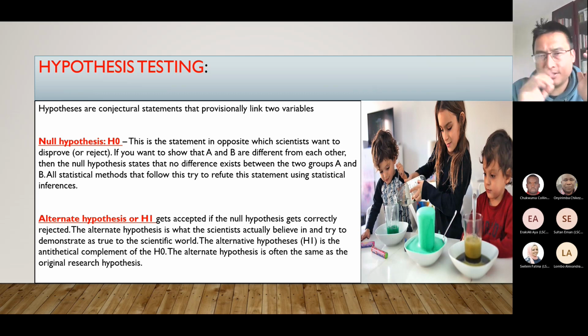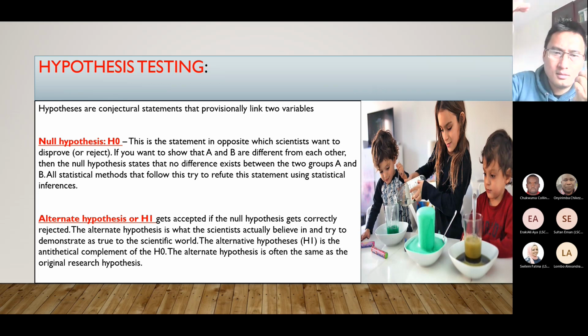Okay, so let us take this in a very simple way. We want to find out if A and B are different. That can also be known as an alternative hypothesis, or the thing that we want to prove. In order to establish this statement, we cannot do this straightforward. So what we do is we try to create the opposite statement, by saying that there's no difference that exists between them, and when we try to exclude that, we indirectly prove that the first statement is a true statement.